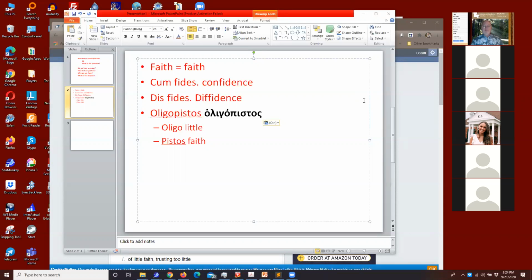The only time it occurs in the singular, where we've been talking in the plural to a group of disciples, is when the disciples are on the lake. It's night, it's storming. They don't have Jesus with them, and they look out, and here comes Jesus walking on the water.